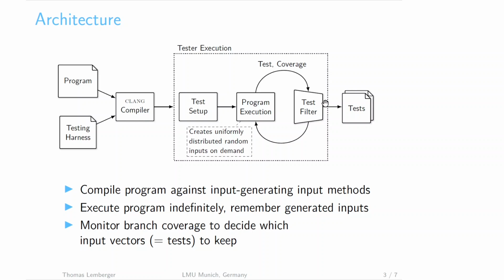If the program execution found some new branch, we write the test to the output, so it's part of our test suite. And then we just repeat the same over and over again. So this can be very fast because it's native execution, and the only bottleneck is the program execution itself.